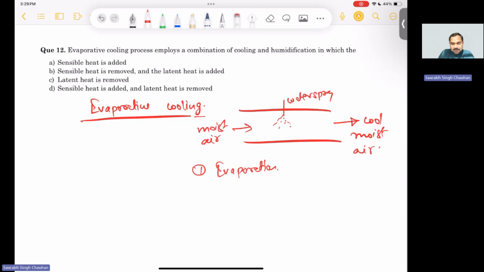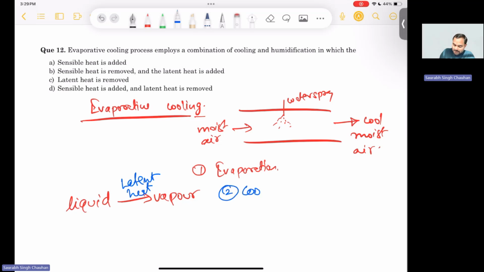So at the end you will get more humidity, more specific humidity, because you have added some water vapor, and the water vapor will bring the latent heat with it, right? Because when you change the phase of water from liquid to vapor, you have to provide latent heat. So for evaporation you need to provide latent heat.